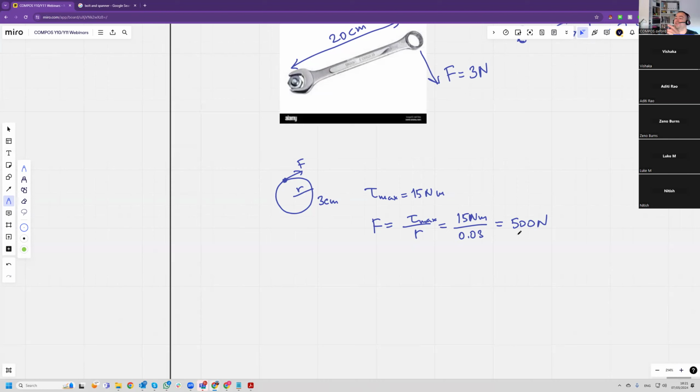And vice versa, if I place something inside which has a smaller radius, it would be harder to hold it. Like imagine I put a pen inside and I try to hold the pen with my fingers. It's much easier to hold here rather than to hold my pen because the radius is smaller.